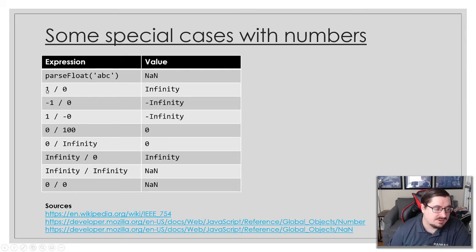Next up, if I take 1 divided by 0, remember 0 represents a really small number, so 1 divided by a really small number, I'm going to get infinity. Versus if I take -1 on the top, so I've got a negative divided by a really small positive number, I get negative infinity. Or similarly, if I have positive 1 divided by -0 at the bottom, I'm going to get negative infinity.